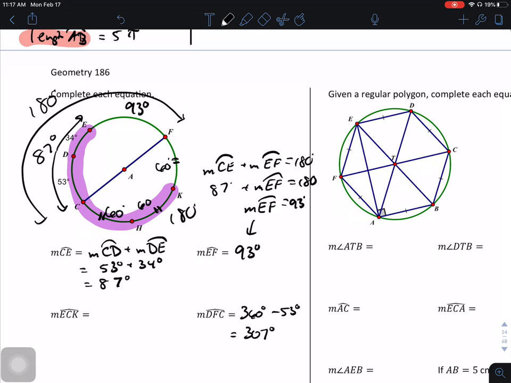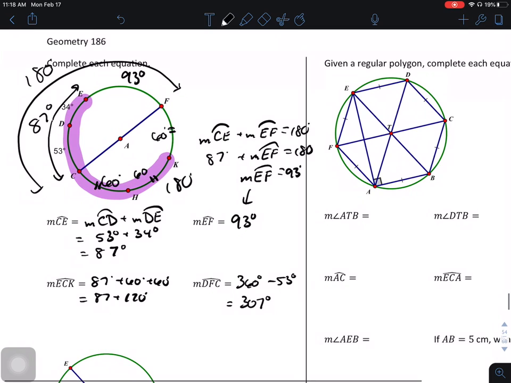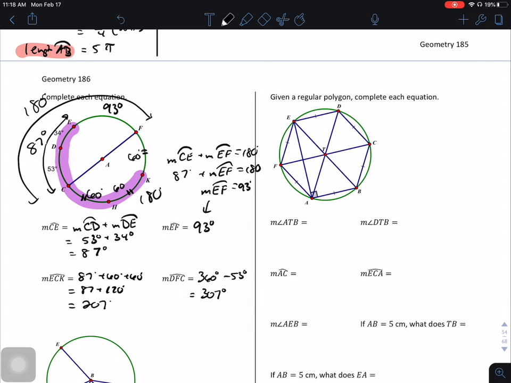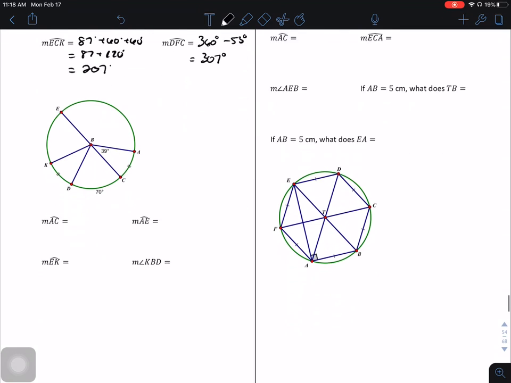So this purple arc that we're trying to find is going to be 87 plus 60 plus 60. That's 87 plus 120. I believe that's 207 degrees. So a lot of calculations need done for that, and it's easy to make mistakes on calculations.